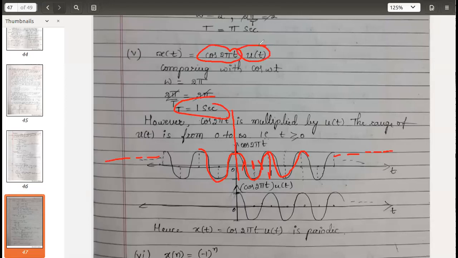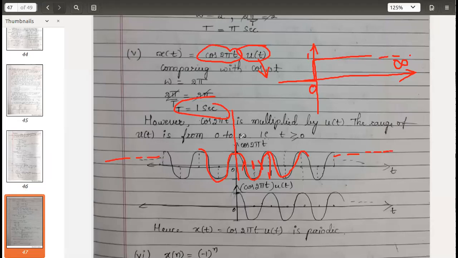I have not considered u of t yet. Now let us consider u of t. What is the time range of u of t? You have already been doing many problems. U of t is something like this. No negative, no left side value. From 0 onwards, the signal looks like this. So what is the range? It is 0 and it extends up to infinity. The amplitude is 1.